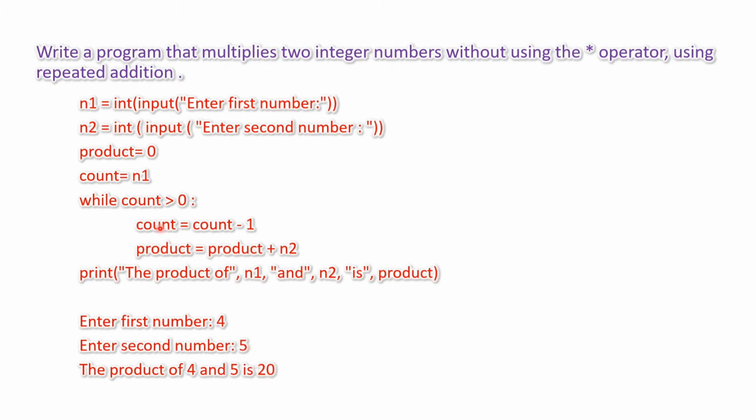So here n1 times we will execute this loop, and every time we will decrease count by 1 and we will add n2 to the product. Initially product is 0, so here number 1 is 4, so 4 times we will add 5, so we are getting 5 plus 5 plus 5 plus 5, that is 20.